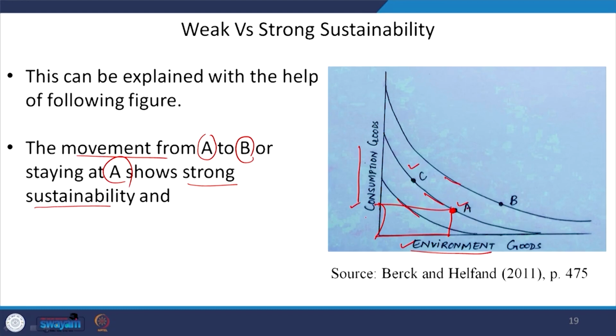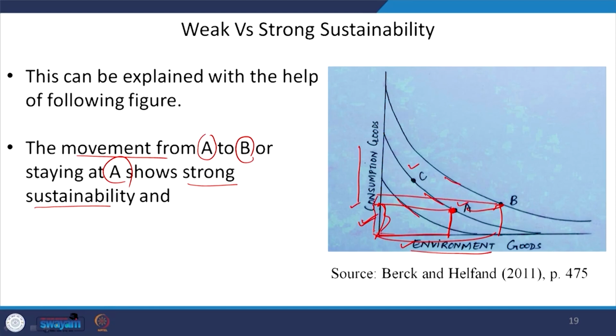Because if the individual is moving from point A to point B, then the consumer is either maintaining the same level of environmental goods consumption or increasing it, while maintaining the same level of marketable goods, or either maintaining or increasing.